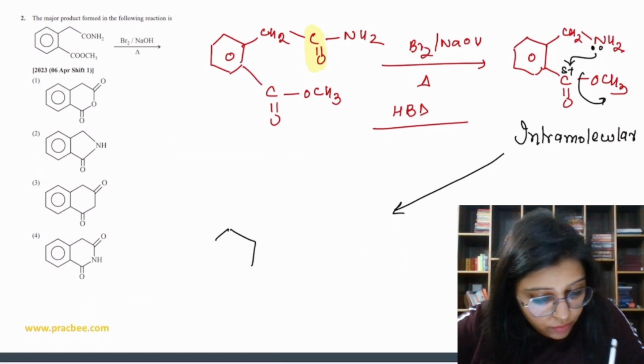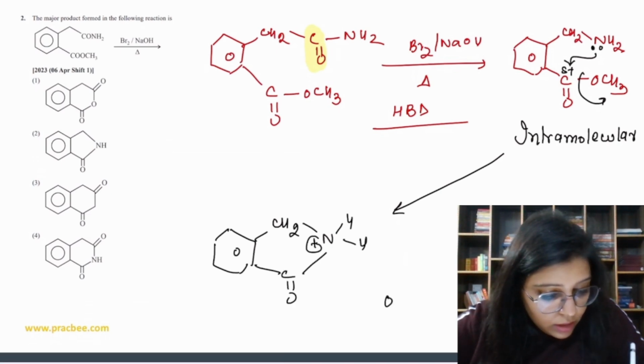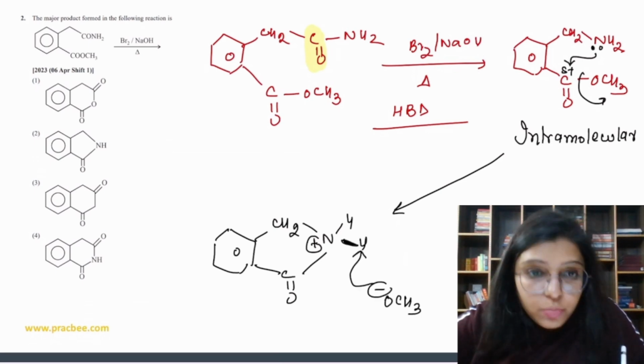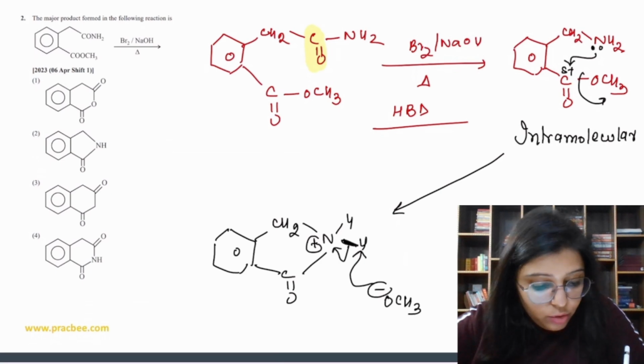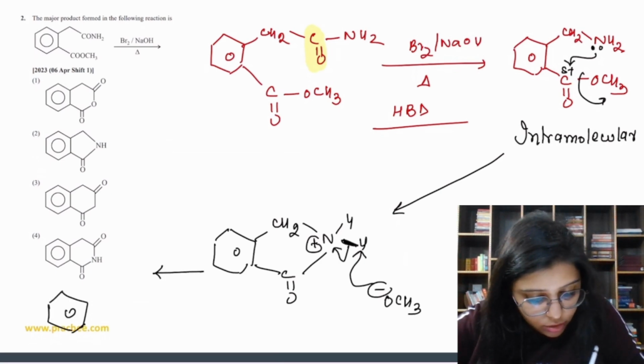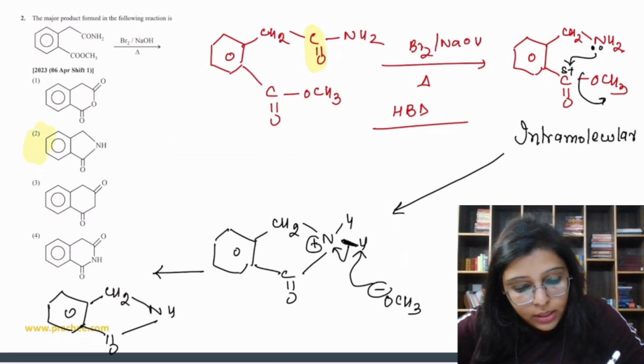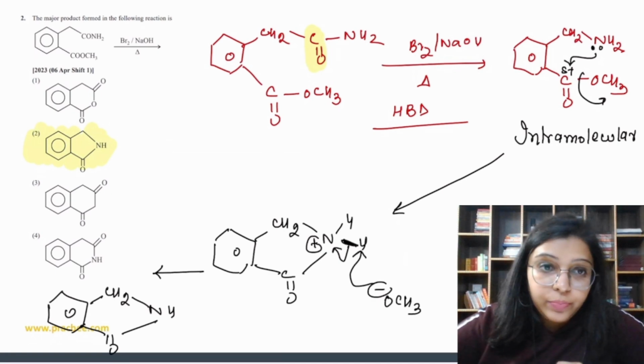So we get CH2 NH positive and C double bond O. Now OCH3 minus takes H plus, and the electron of the nitrogen-hydrogen bond shifts to nitrogen in order to neutralize the positive charge. So we get CH2, NH and double bond O. So from this, option B is going to be the correct answer.